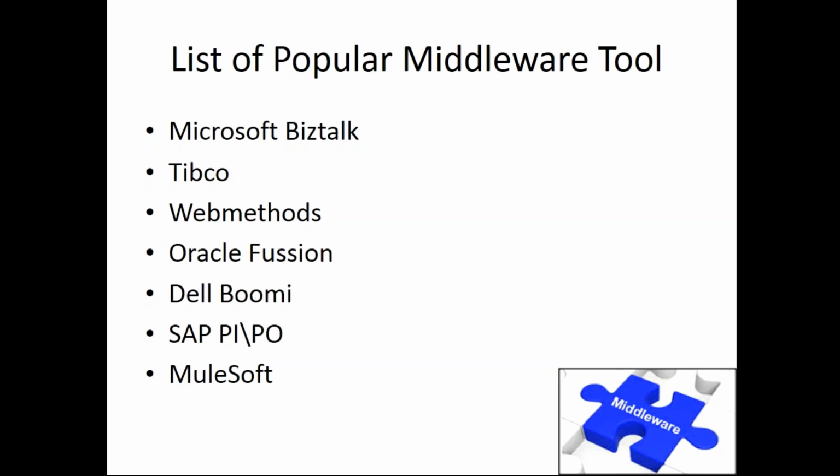These are the middlewares which are present in the market. You have Microsoft, TIBCO, Web Methods, Oracle Fusion, Boomi, MuleSoft, HCI, Sterling Integrator. You have MQ series. So the list goes on, but these are the major ones present in the market as middleware software.